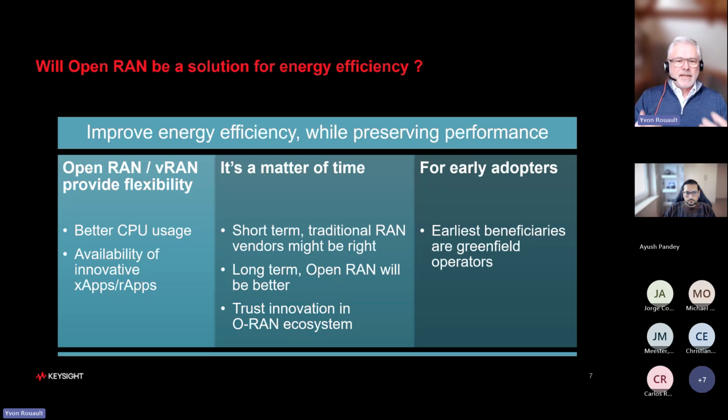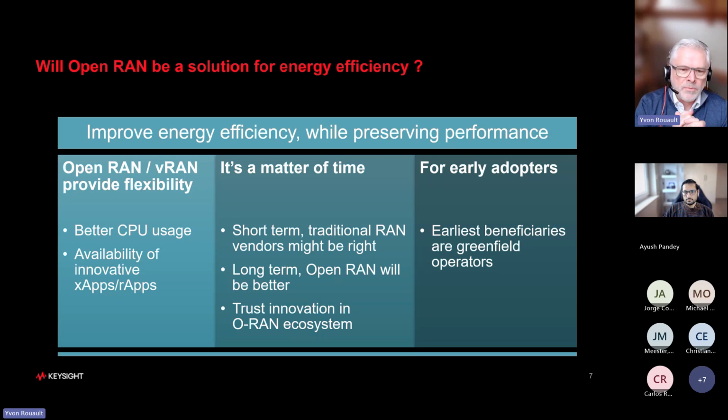Well, they give the possibility to really have access to lots of parameters in the network, including in the RAN, including, for instance, the CPUs and the way the CPUs are used. You know, we can play with the C states and the P states of the CPUs, but I will come back to that later. So you can optimize the consumption of your computing infrastructure. Also, there are more and more apps available for the RIC. Well, the RIC is a very important, very key component of the Open RAN for sure.